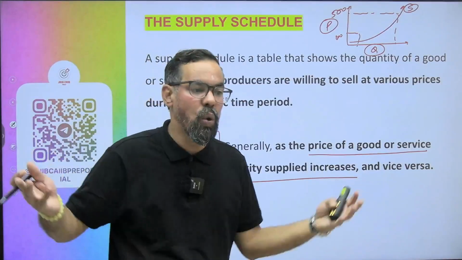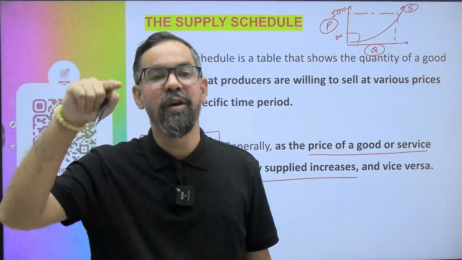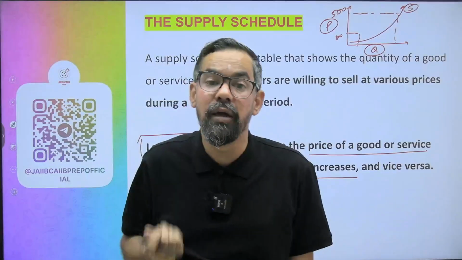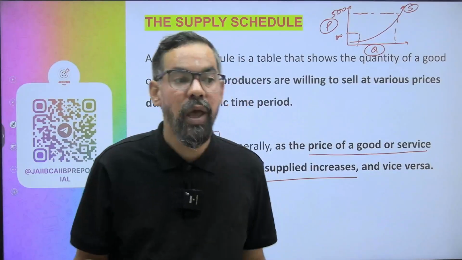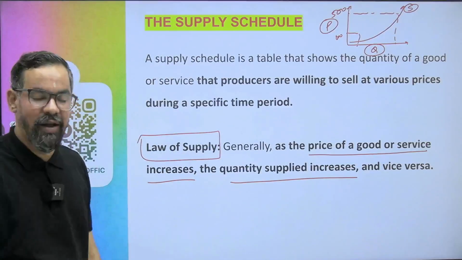Let's say you own 100 kg of gold; you want to sell it at the highest price, right? That is your psychology, because you are the owner of that product. You want to sell less at a lower price. So that is the basic law of supply.